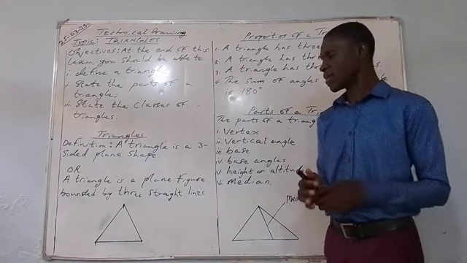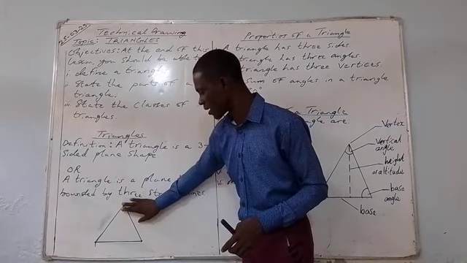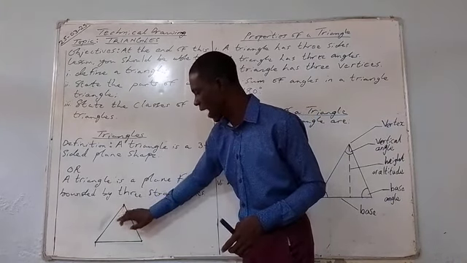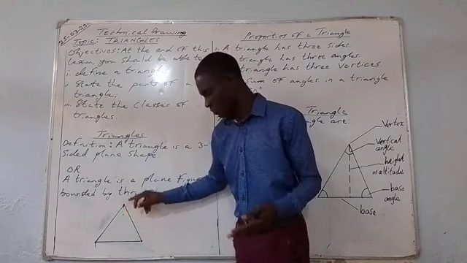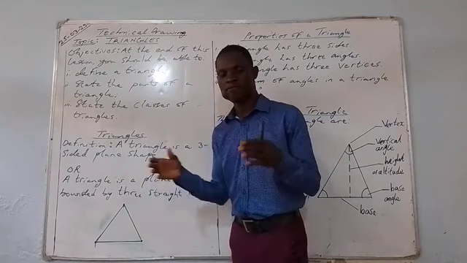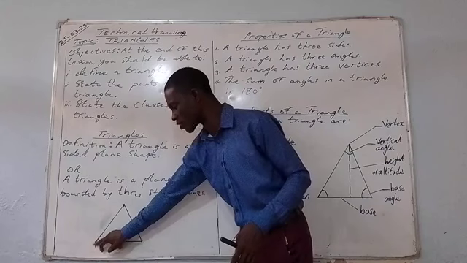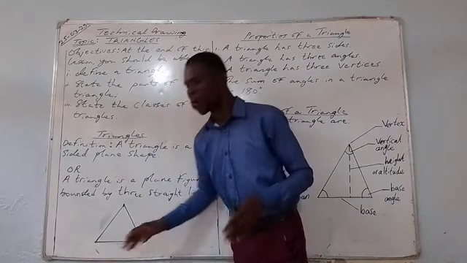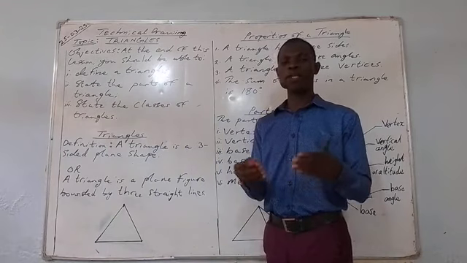So a vertex is a point where 2 lines meet, or where 2 or more lines meet. So this is the vertex here, this is the vertex here, and this is the vertex. As I said, a vertex is a point where 2 or more lines meet.